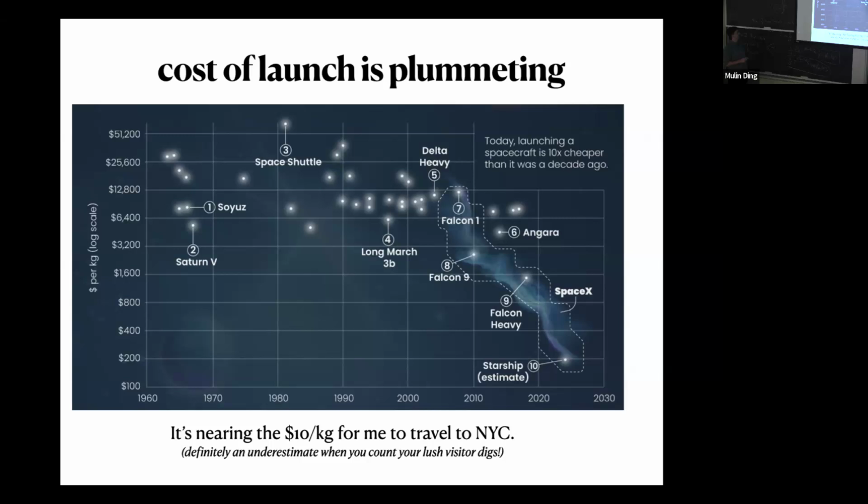For many years it was $10,000 per kilogram to get something out into space, and it's come down by at least an order of magnitude. And if I extrapolate, and I did a lot of math yesterday, I found that it's almost to the point of me traveling to NYU. And in fact, when I account for your accommodations, I think it might even be cheaper.